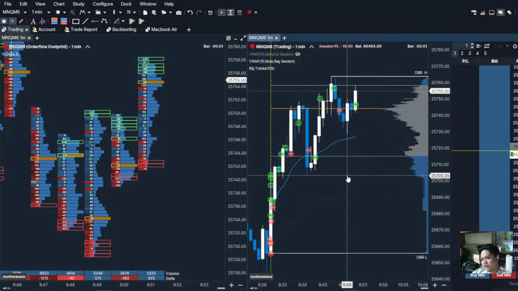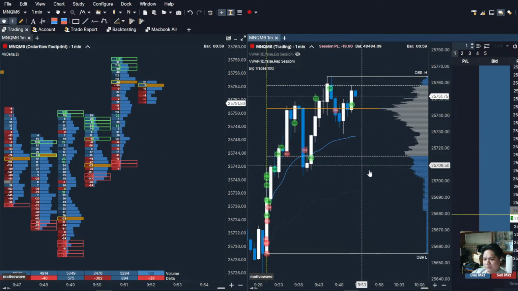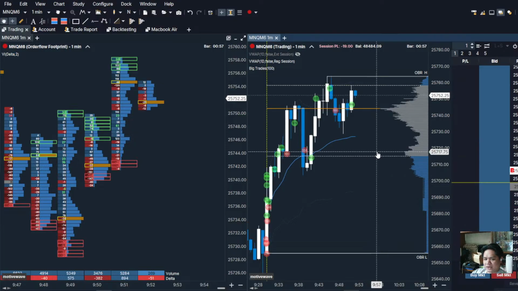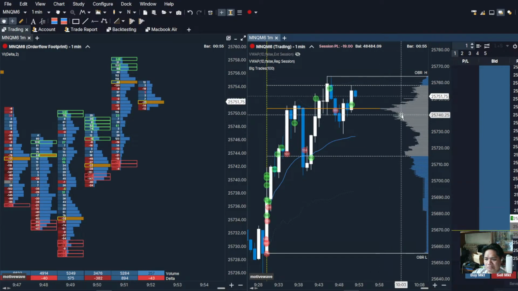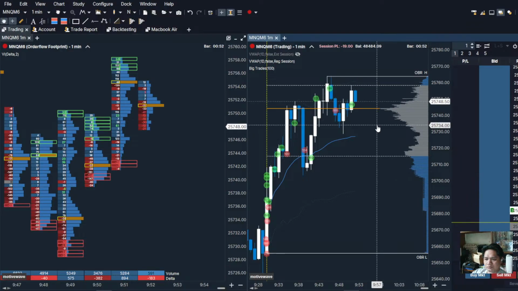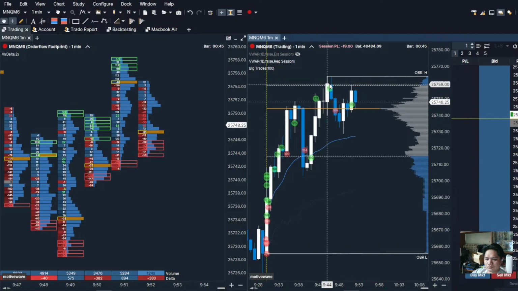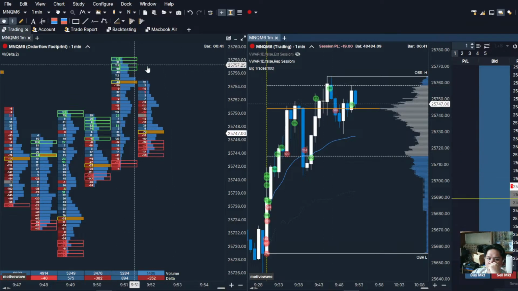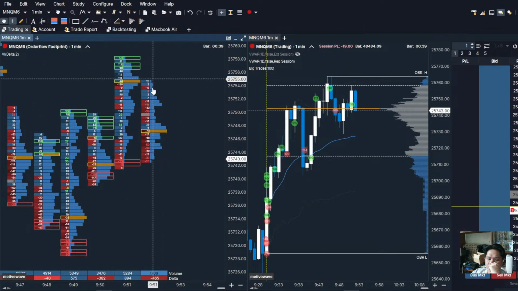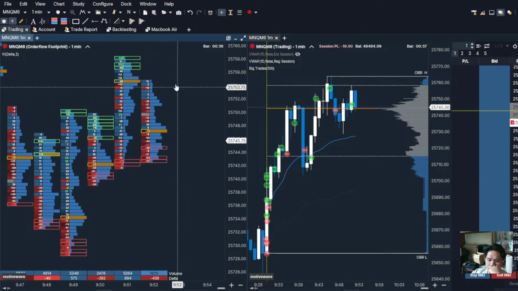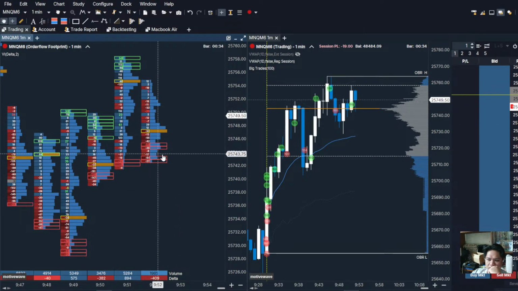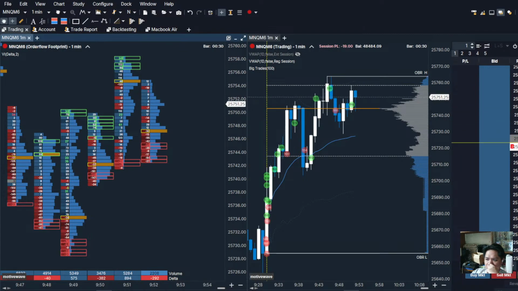Again, I'm interested for shorts, guys, so I'm not exactly looking for buys. Absorptions are still happening. Sales are now in here. I don't like DOM for now.